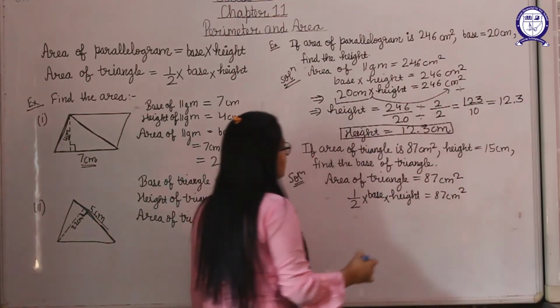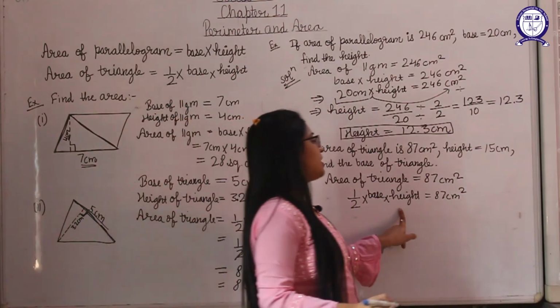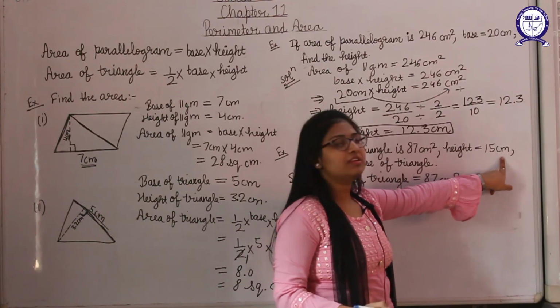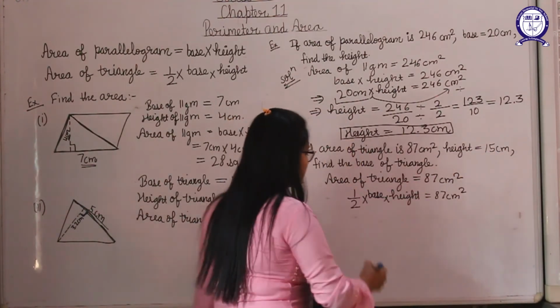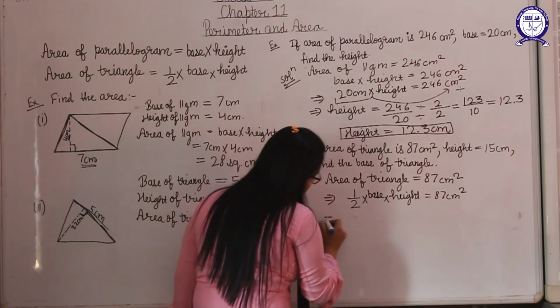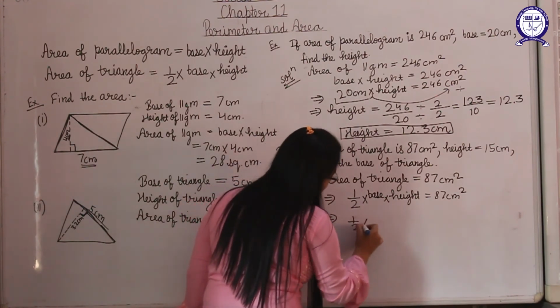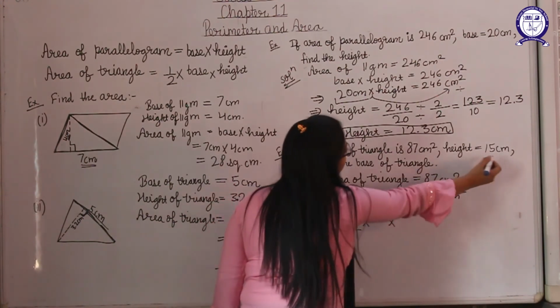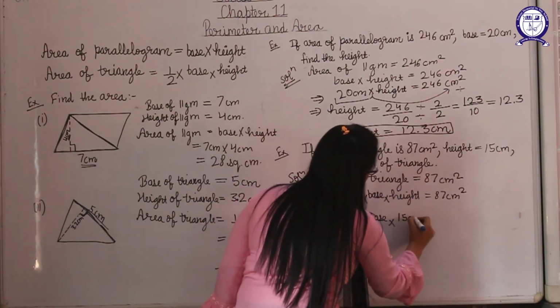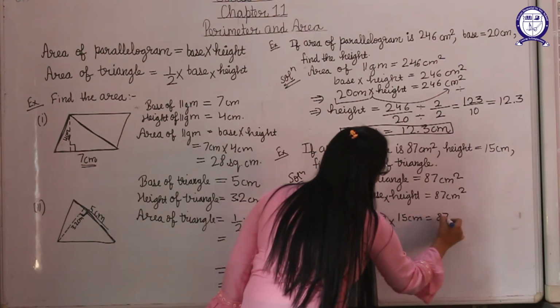Now what we will substitute? We can substitute height because height is given as 15 centimeter. So in place of height we will write 15 centimeter. So we will write here 1 by 2 into base we have to find out, and in place of height we will write 15 centimeter and it will be equals to 87.